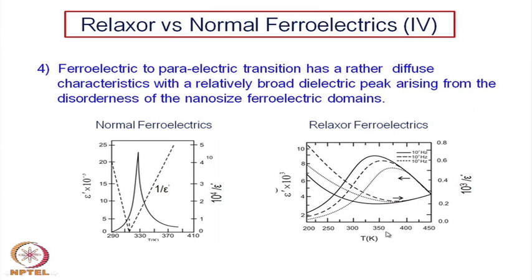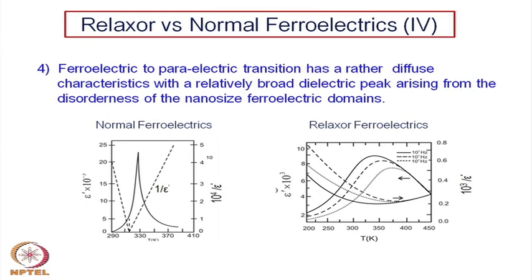Well, a simplified way to look at why this kind of broad peak appears is that there are nano size domains, the size of the domains is much smaller compared to the normal ferroelectrics, and these are some kind of disordered structure.